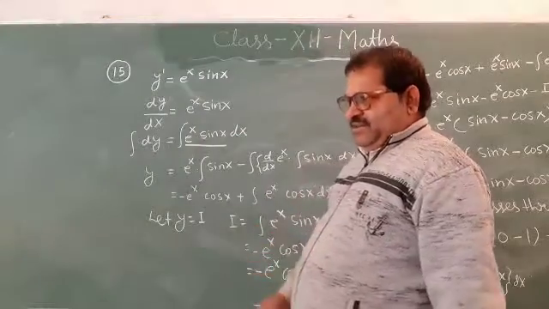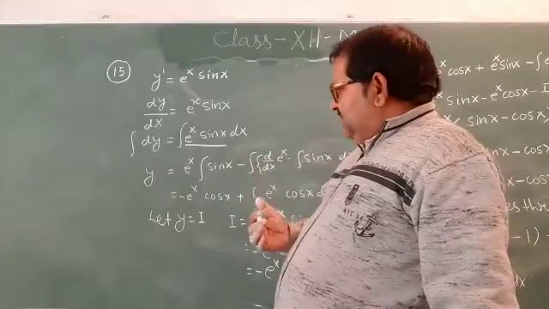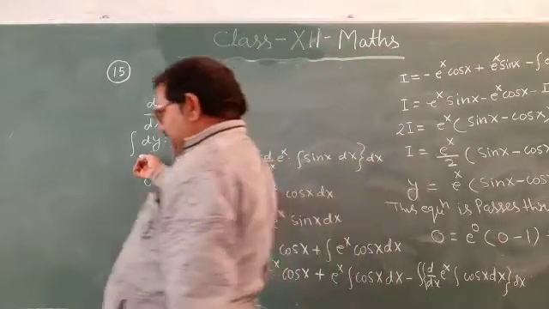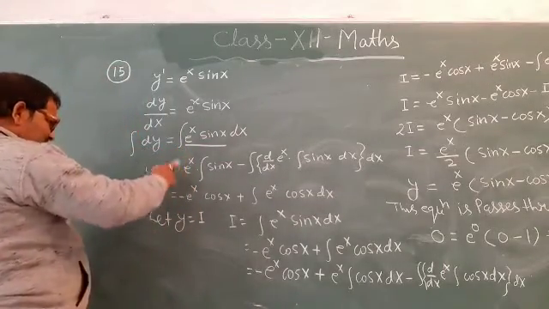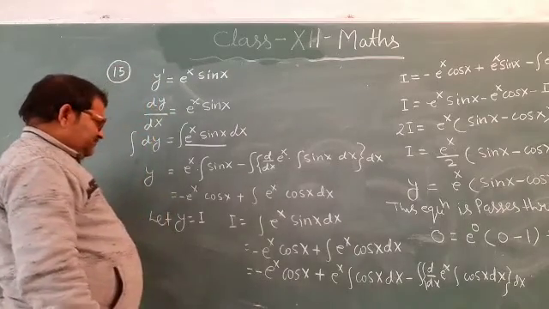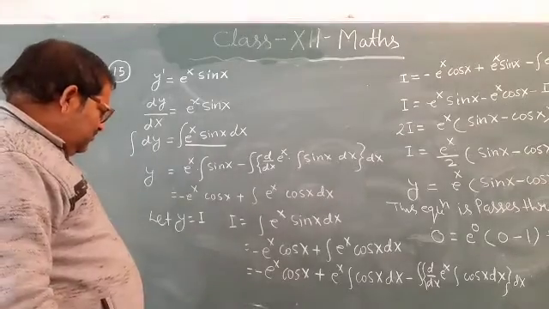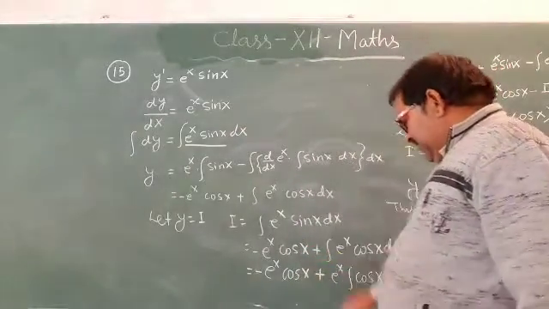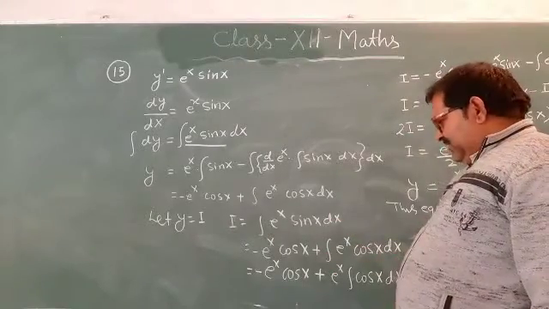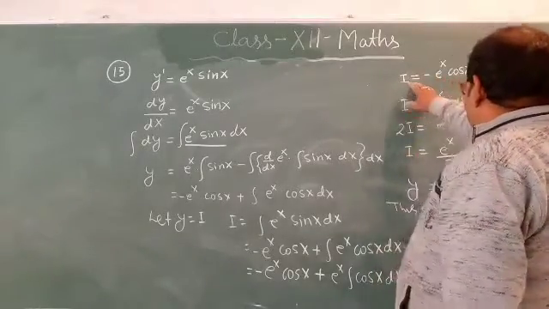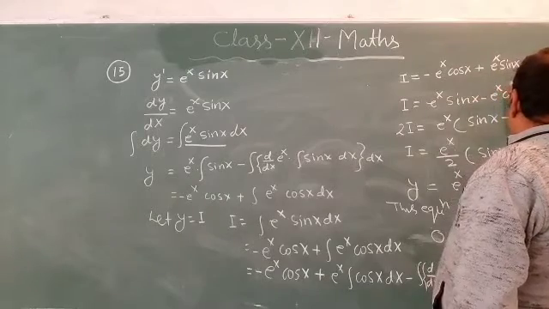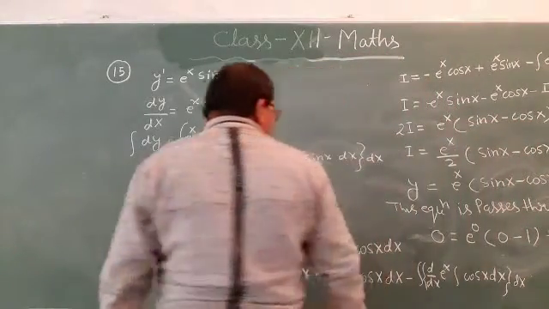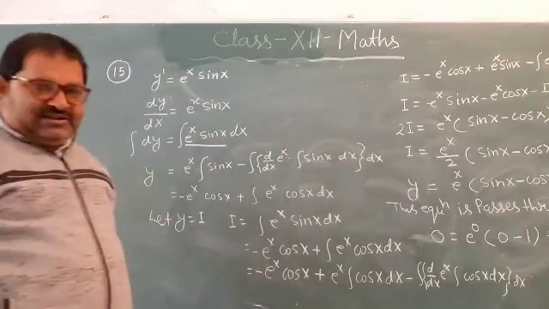Now dy and dx can be separated on both sides and integrated. The integration of dy is y, and the integration of e^x sin x dx is I. After that we get I equals minus e^x cos x plus e^x sin x minus the integral of e^x sin x dx.